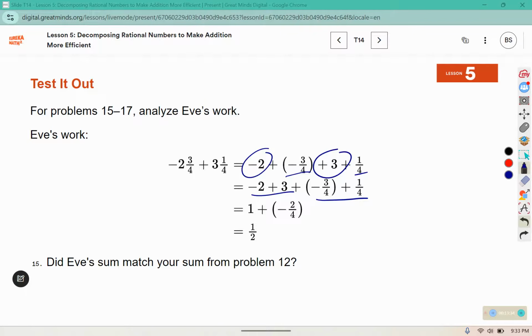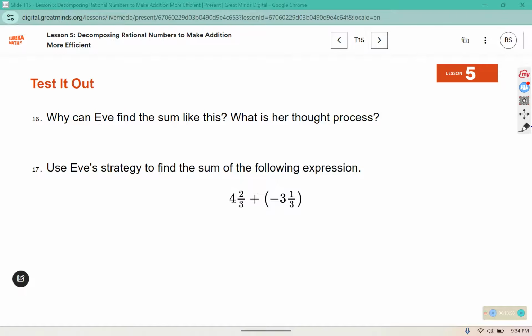Did Eve's sum from problem 15 match your sum from problem 12? Yes. We also got 1/2. Why can Eve find the sum like this?